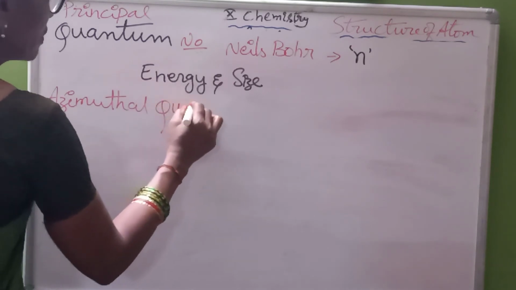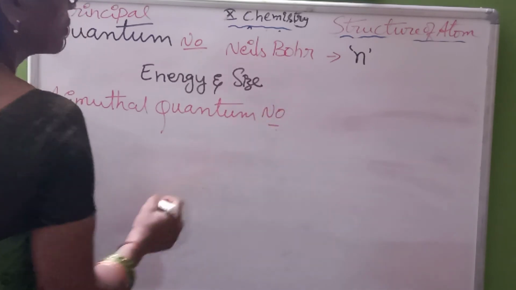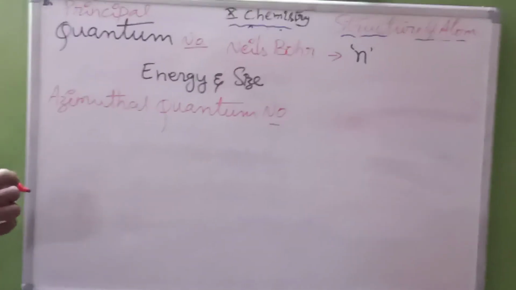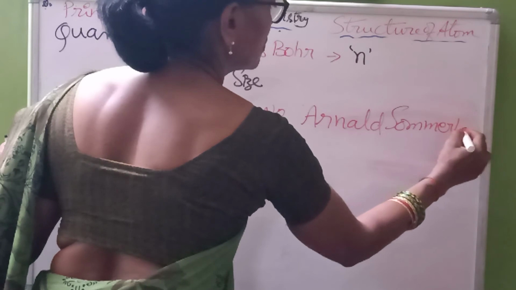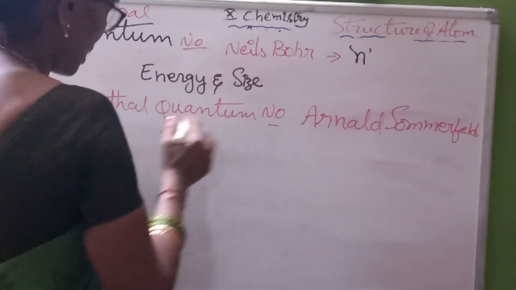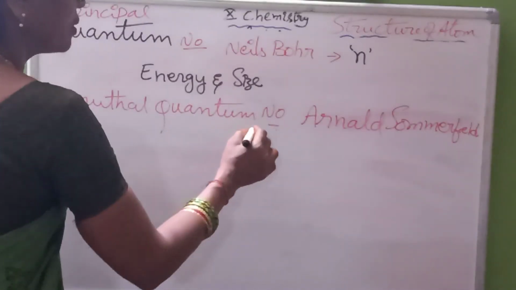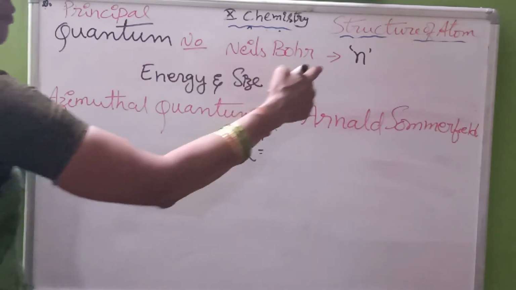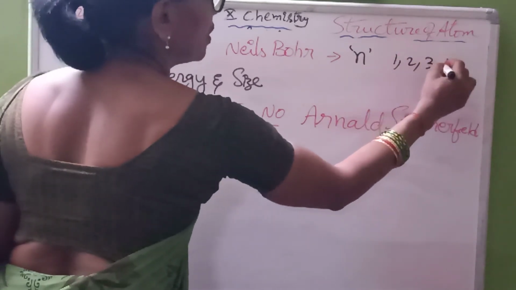Azimuthal quantum number, proposed by Arnold Sommerfeld, is designated with L. N has the values 1, 2, 3, 4.